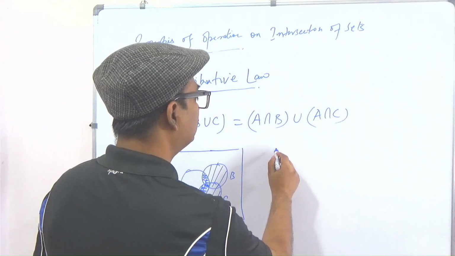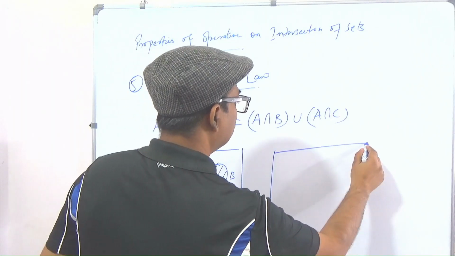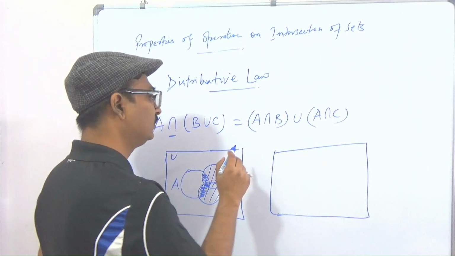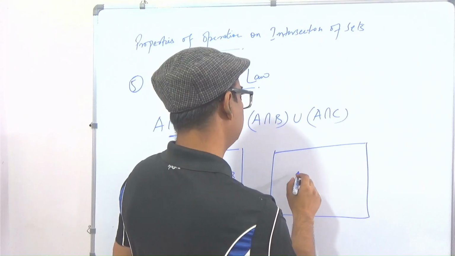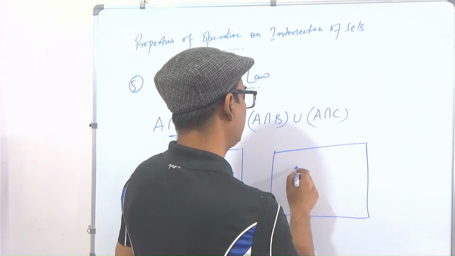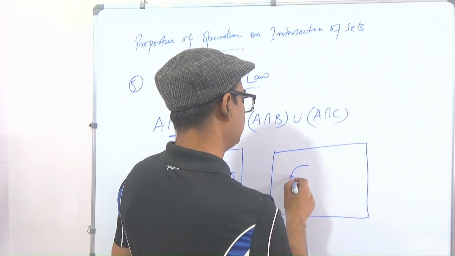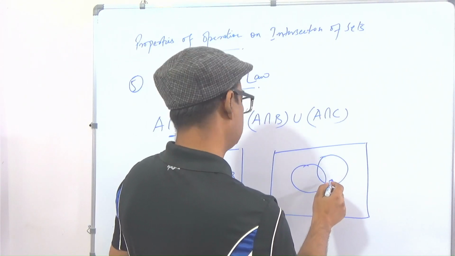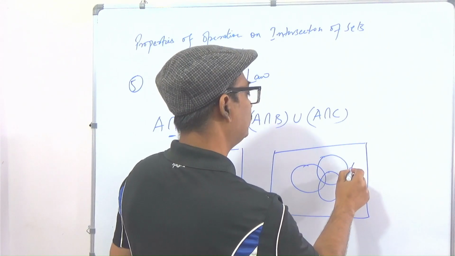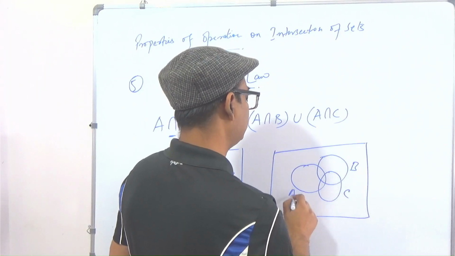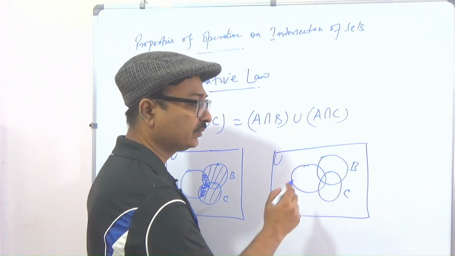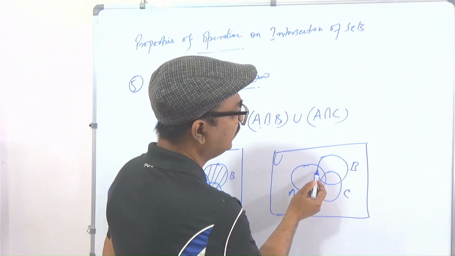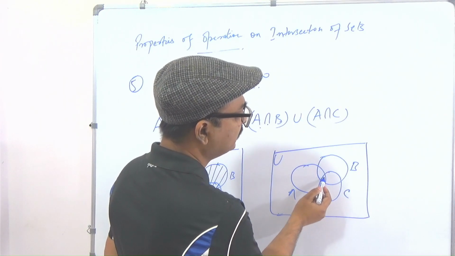Let's see by the second side, the RHS, the right hand side, what it will look like. We have these three sets. First of all, let's show the sets B, C, A. I guess you are able to see. So what is A intersection B?